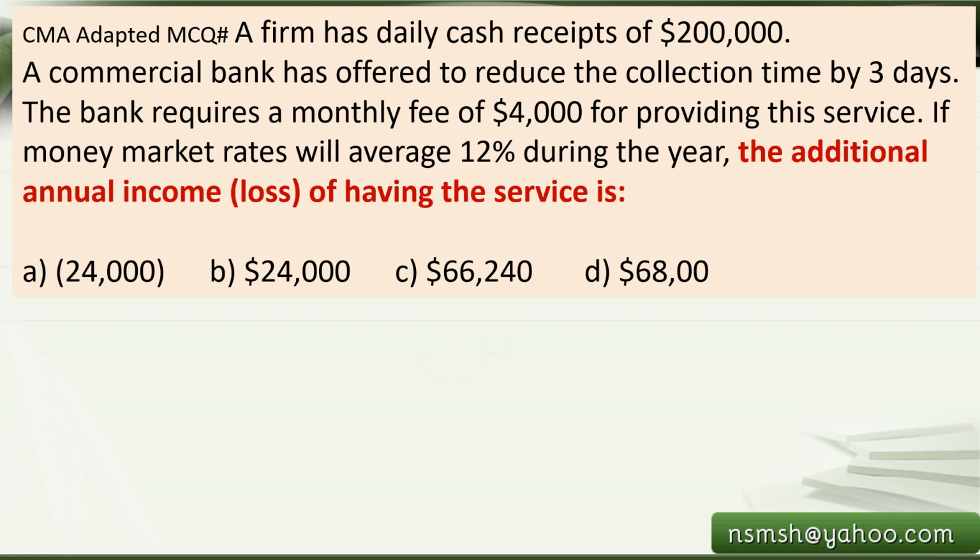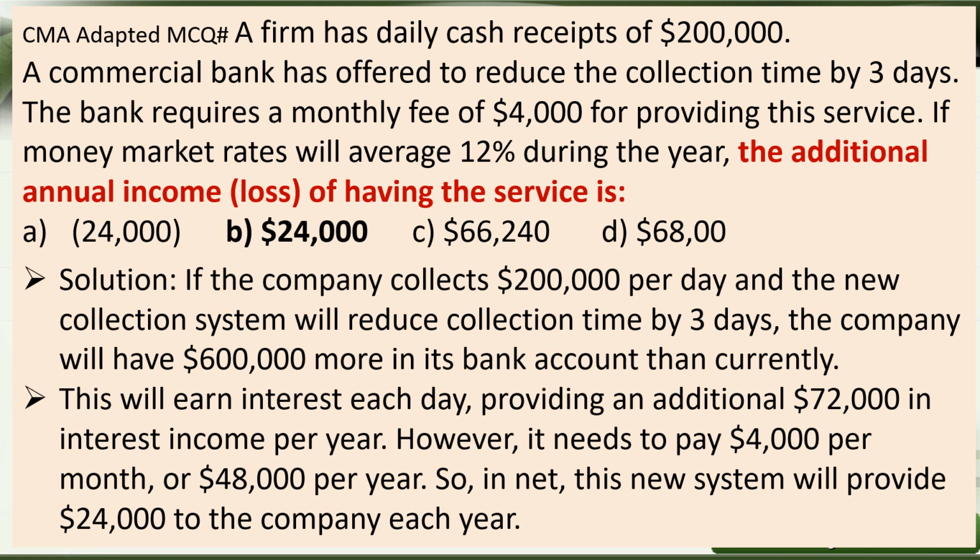In response to this, the following: if the company collects $200,000 as given in the question per day, and the new collection system will reduce collection by 3 days, that means it is the speed, it has to be multiplied, so it will become $600,000 more in its bank account than currently it is having.